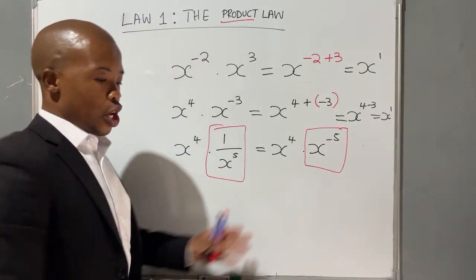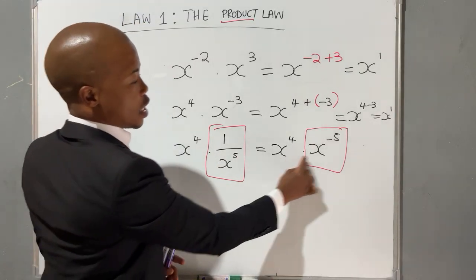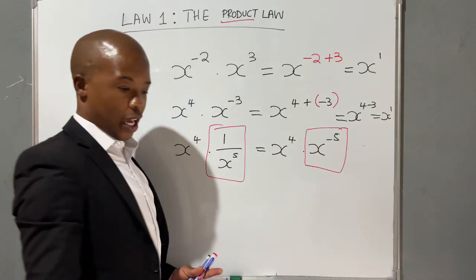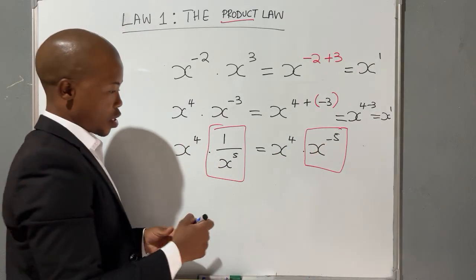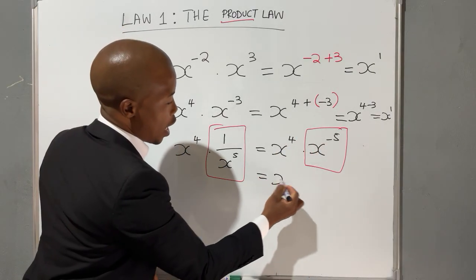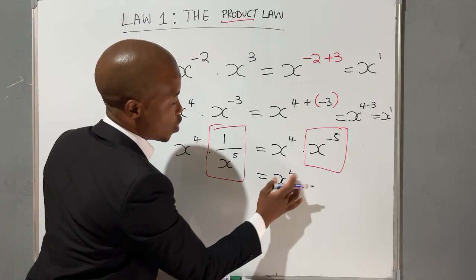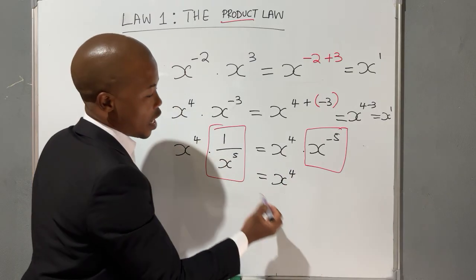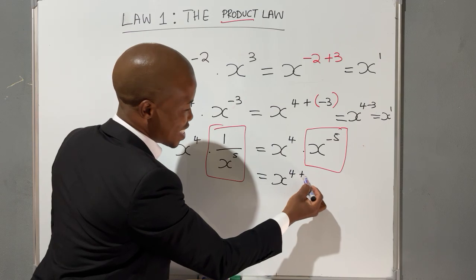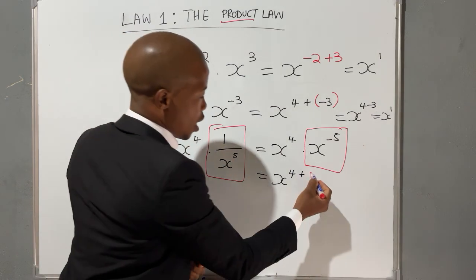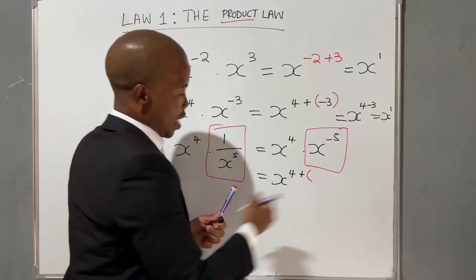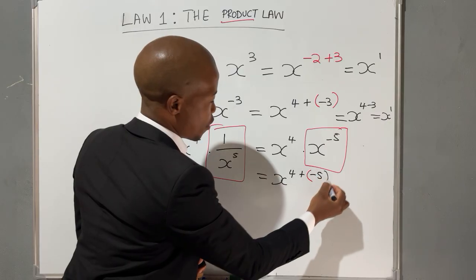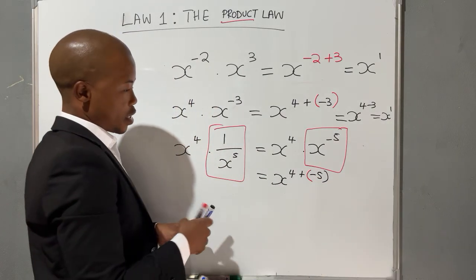So in this case, you still have the same base and you just add the exponents, right? If we were to do this, we are going to say equals x to the exponent 4 plus negative 5, right?